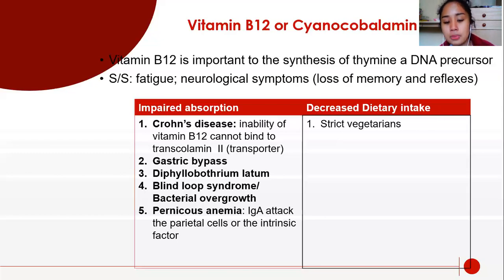Next, class, blind loop syndrome. In blind loop syndrome, there is bacterial overgrowth, which blocks the sites of absorption of our vitamin B12. So, Crohn's disease, gastric bypass, Diphyllobothrium latum, or fish tapeworm disease or diphyllobothriasis.